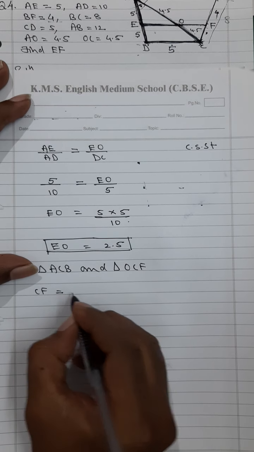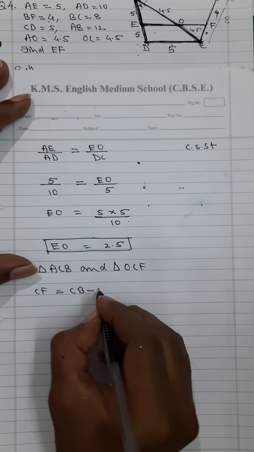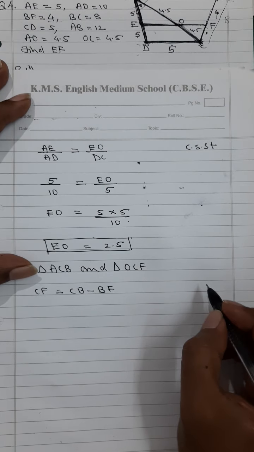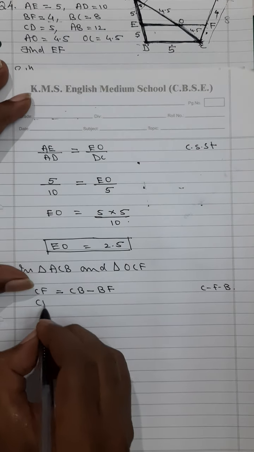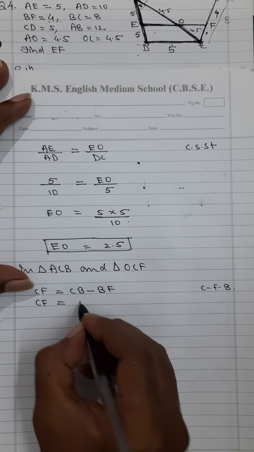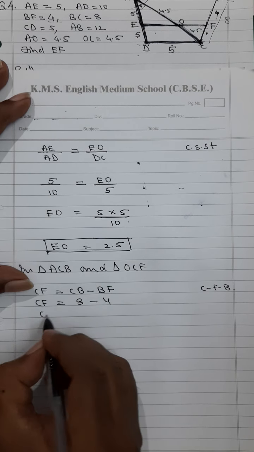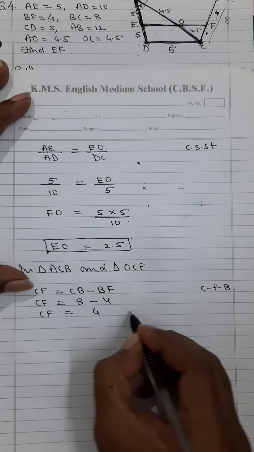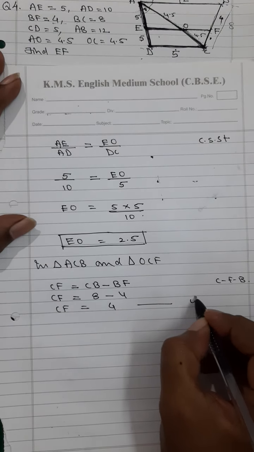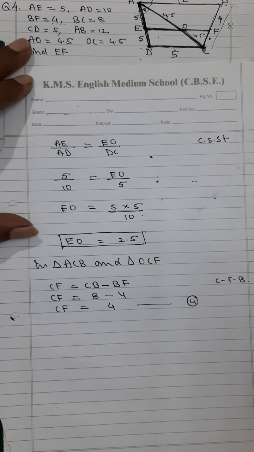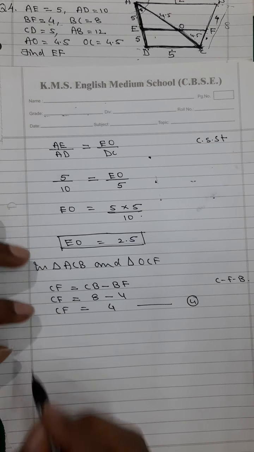CF is equal to CB minus BF. So CF will be equal to CB, which is 8, minus 4. So you get CF is equal to 4. This becomes my fourth equation.